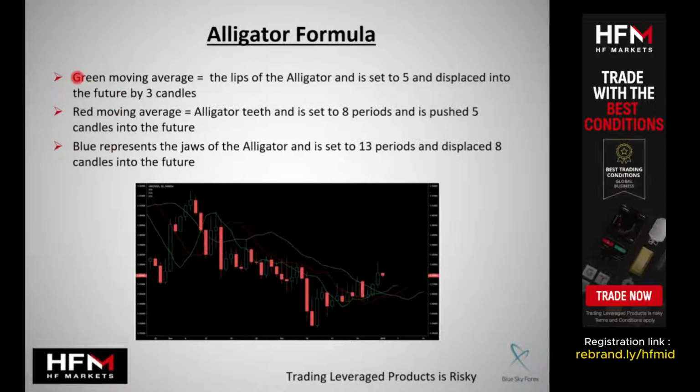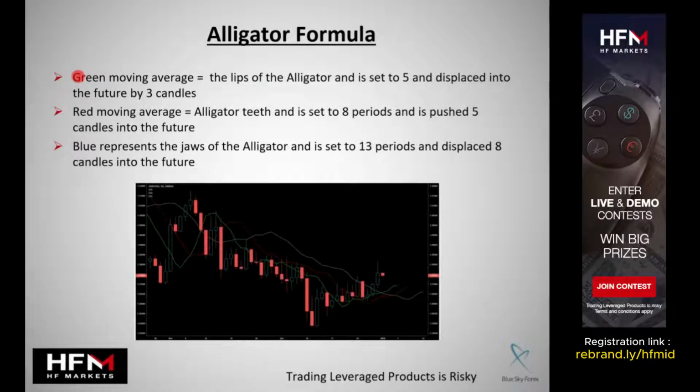Now, the green being the quickest moving average, the period for the green moving average is set to 5, and it is displaced into the future by 3 candles. All of the moving averages in the Alligator indicator are displaced into the future somewhat.